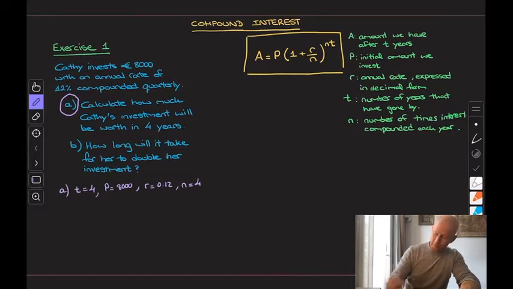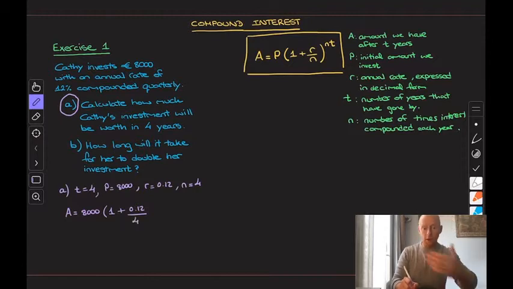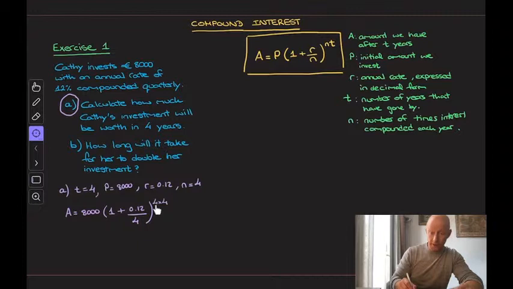The amount that Kathy will have, or the amount her investment will be worth after 4 years, will be 8,000 times, in parentheses, 1 plus 0.12, that's the rate, divided by 4, the number of times it's compounded, all of which is being raised to the power of 4 times 4. So in this case, 4 is the number of times it's compounded in a year. The second 4 is the number of years that have gone by.